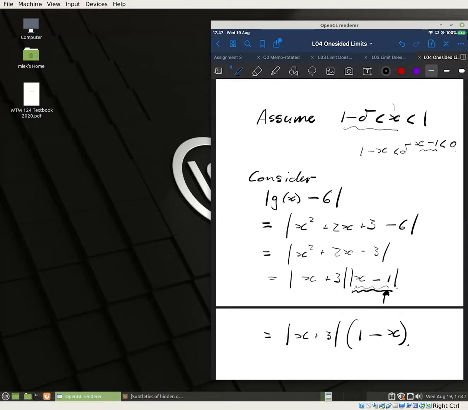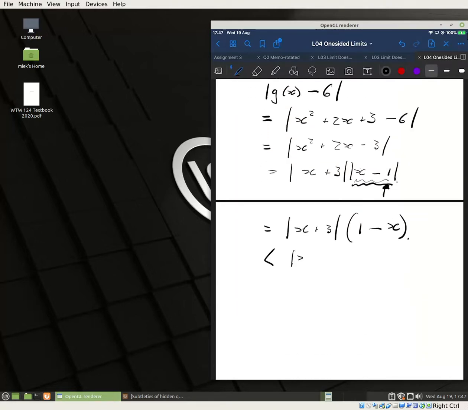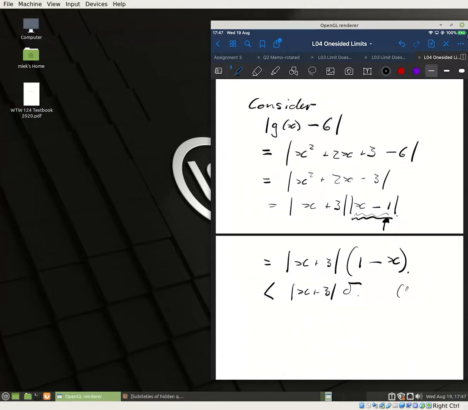So this is less than absolute value of x plus 3 times delta. And this is from our assumption.